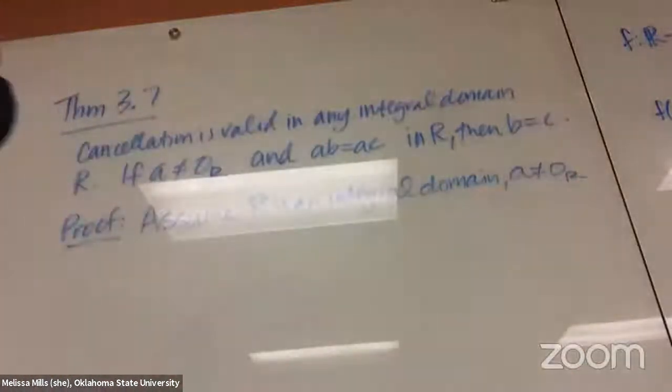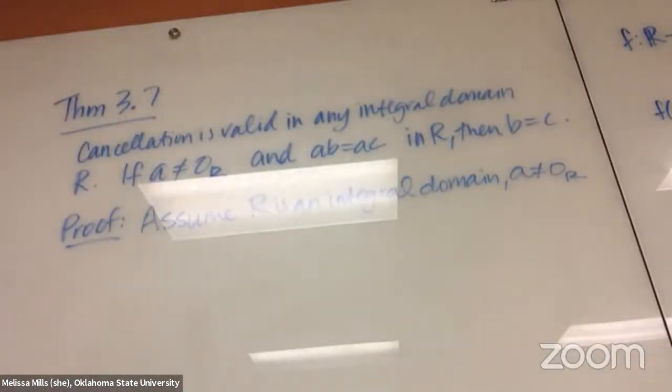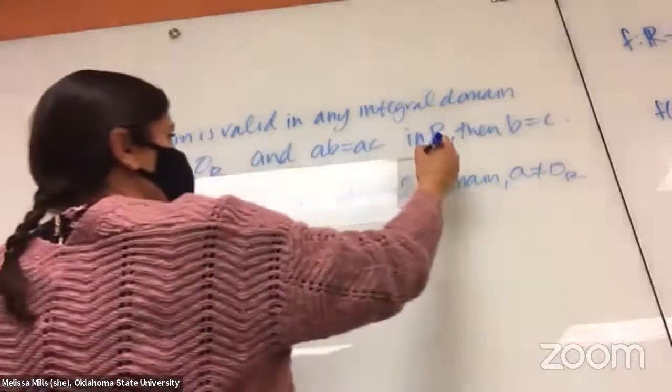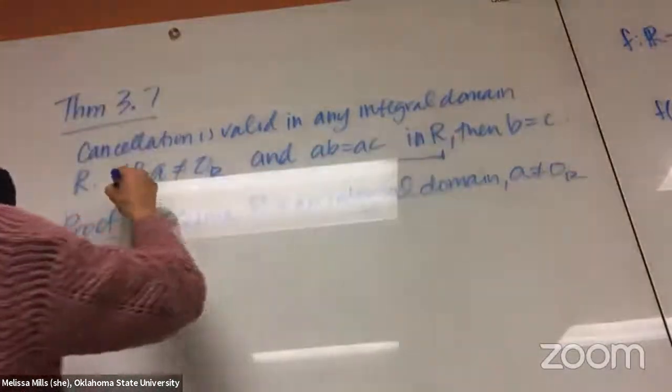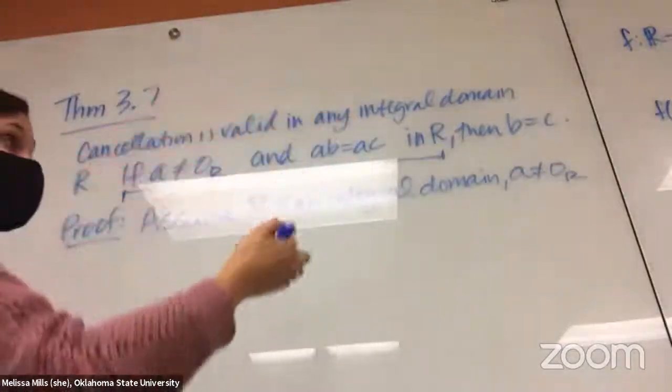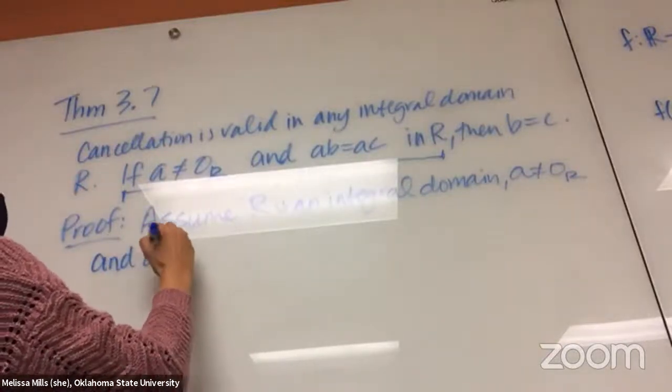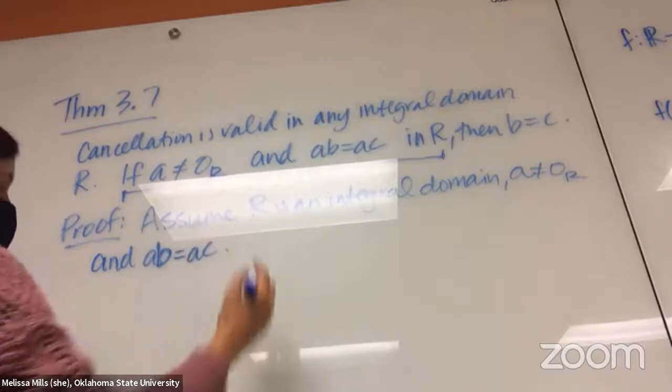Anything else I need to assume? What's the if part? I want to assume all of the if part, and I'm trying to get to the then part. So we're also going to assume that AB equals AC.